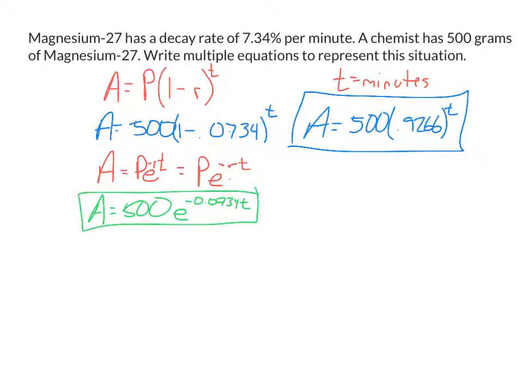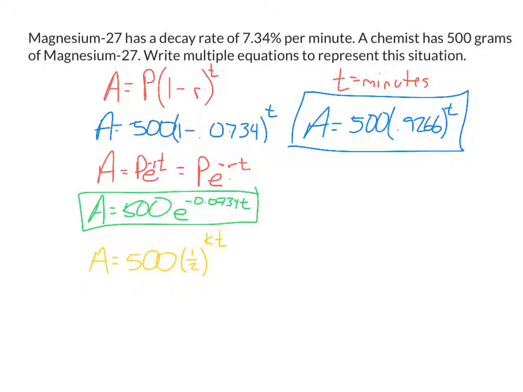So these two equations are great for highlighting the rate at which this isotope is decaying. However, it doesn't tell us anything about how long its half-life is. In order to figure out what its half-life is, we need something along the lines of A equals 500 multiplied by a half to some power that we don't know times our time.